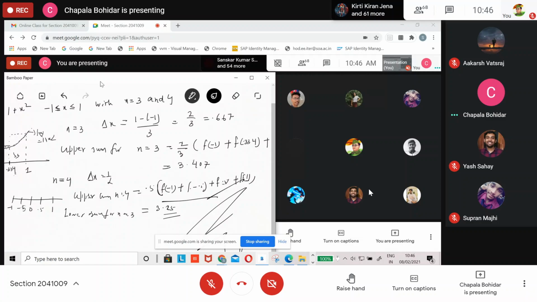In the first rectangle, where is the functional value minimum? F of minus 1. Yes. Then plus, in the middle one, where is our functional value minimum?